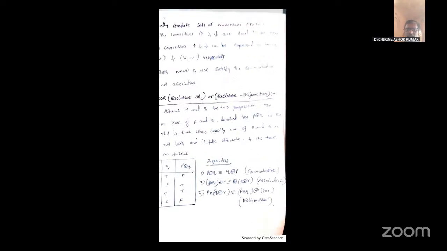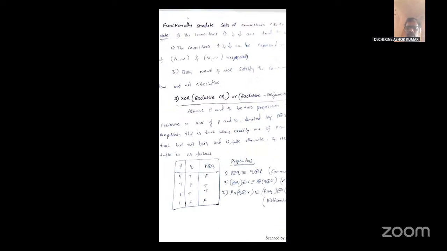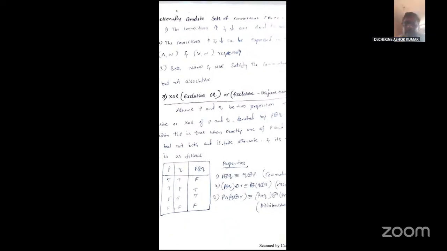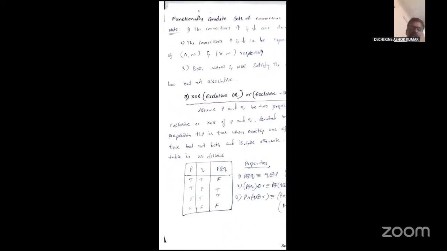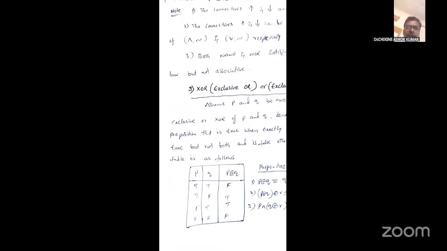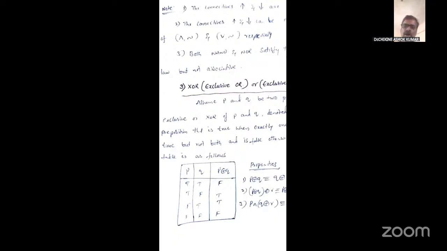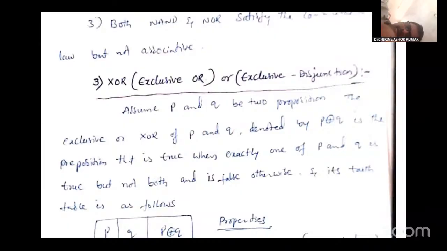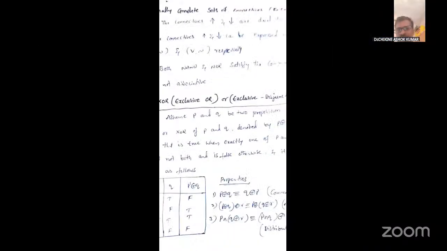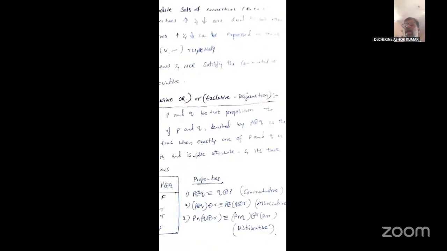Next, what about the next topic? Fundamental gates: XOR, exclusive OR. Okay, exclusive OR, I will explain this one also. Assume P and Q are two propositions, then the exclusive OR, XOR of P and Q, is denoted by the notation P exclusive-or Q, that is a plus with a circle.